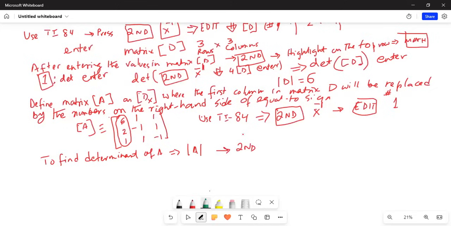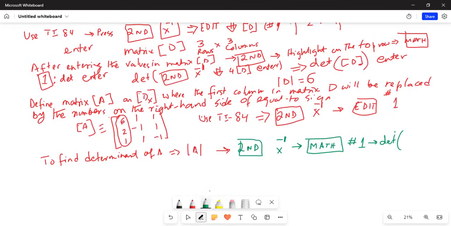Maybe I should change the color on this so you know what's going on here. Second button, then X minus 1, then I highlight math on the top row to get the determinant, and then select number 1. Now the window will open saying determinant, DET, with a parenthesis. You have to put the matrix here. So how do I do that?